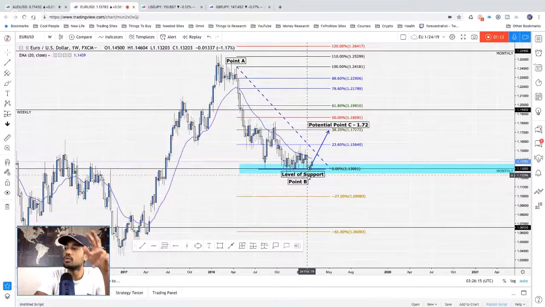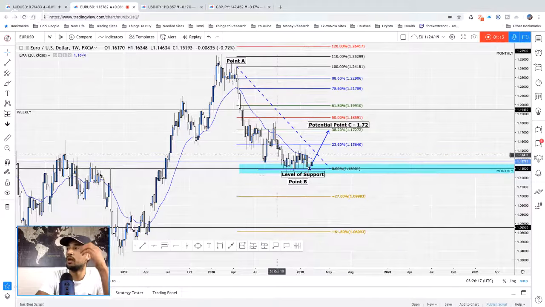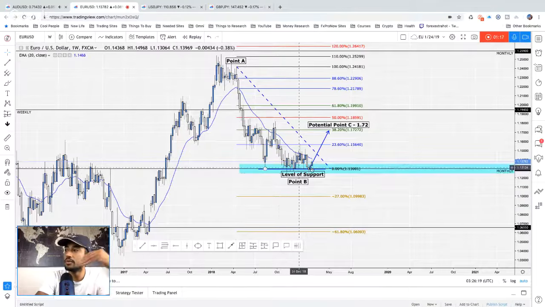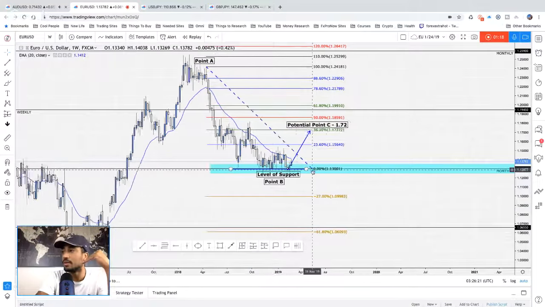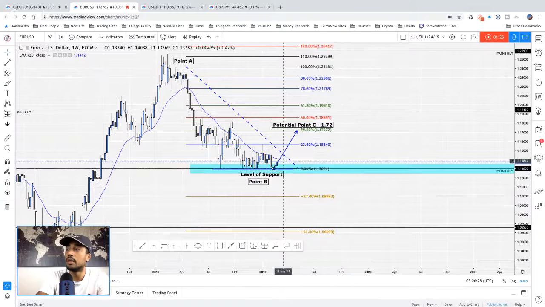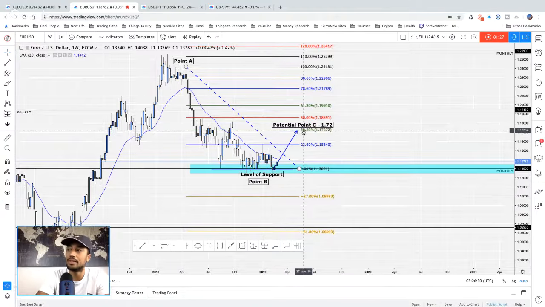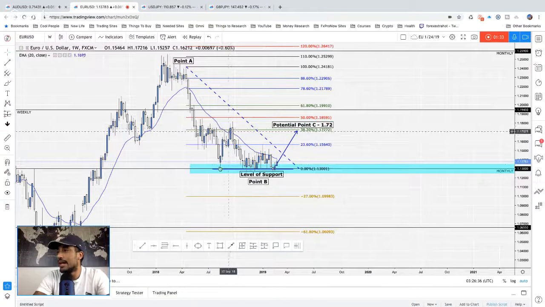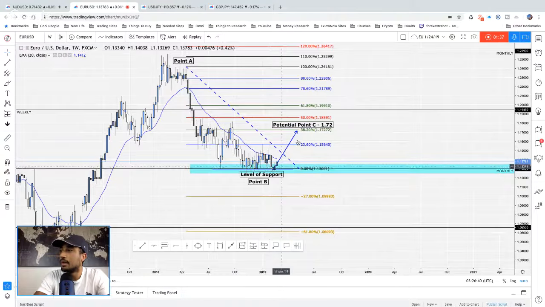We have a level of support from point A to point B that has not been broken based upon this weekly time frame, and I think it's ready for its actual retrace. This right here was not an actual retrace. I do not call this an actual retrace. I'm looking for an actual retrace, at least to 1.72.